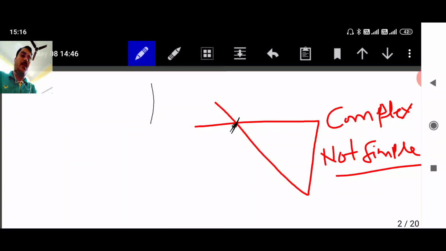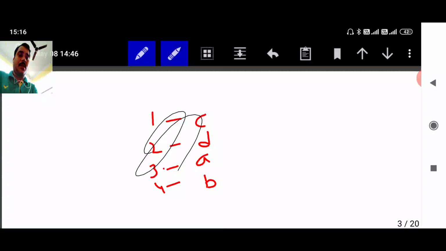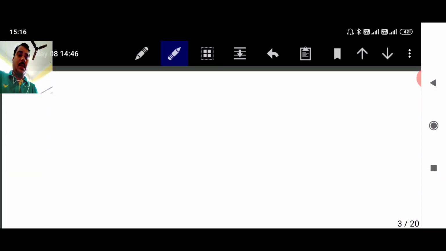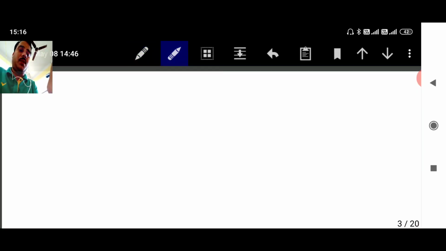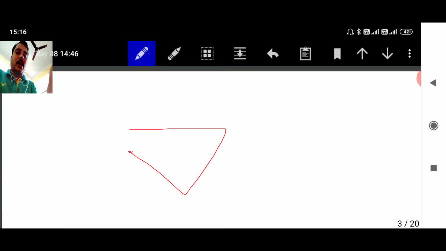And what about open or closed? If a curve has a start and end point, then it is known as open. Here you can see that this curve has a start and end point. This also has a start and end point, but these are open.